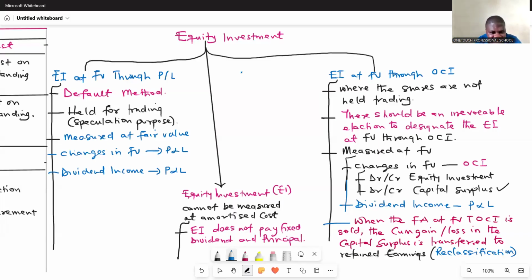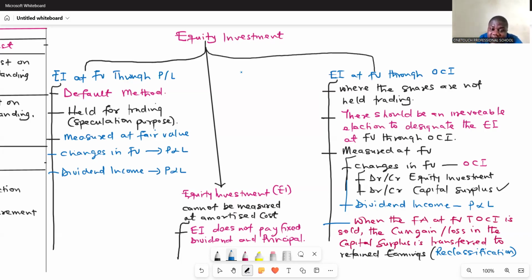Riddle. I am a financial asset in the form of shares. The one who owns me is keeping me to make profit.